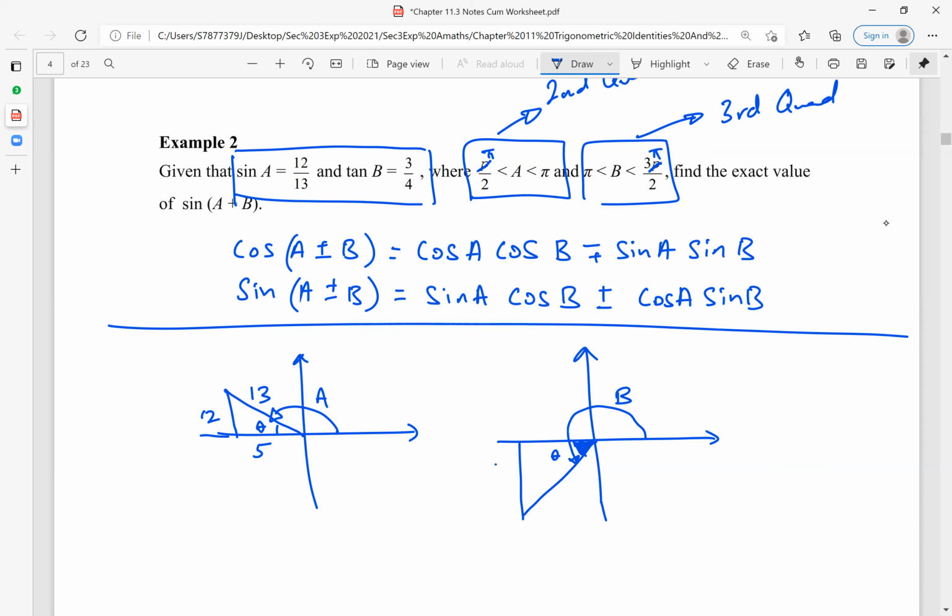O is 3, A is 4. So again, by Pythagorean triplets, the hypotenuse should be 5. Do you understand so far? If you understand, give me a thumbs up. Okay, good.